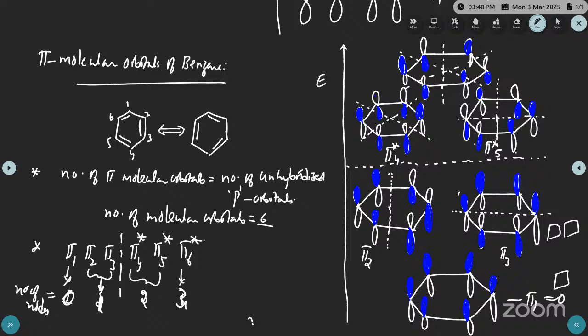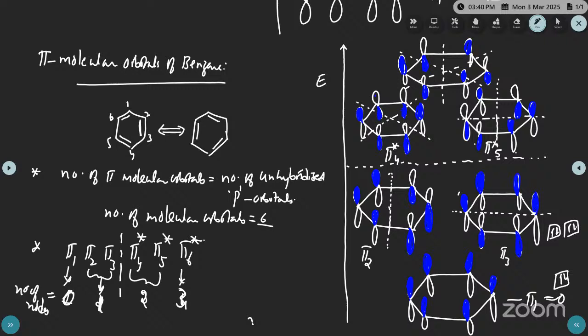How many pi electrons? Six. 6 pi electrons are there. You have to fill the 6 pi electrons. Atom 2, and here third, fourth, fifth, and what is the LUMO and what is the HOMO?